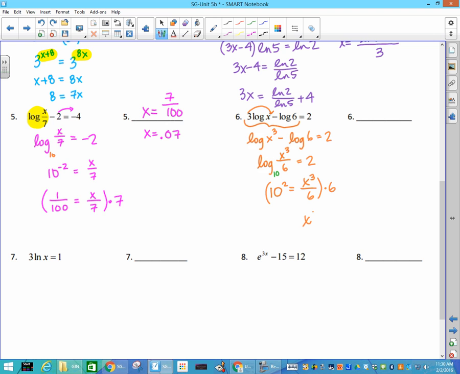So I have x cubed equals 10 to the second times 6, which is going to be 600. And how do I solve that? I'm going to take the cube root of both sides. So again, make sure you know how to put that in your calculator, and you will find out that x equals 8.4343.